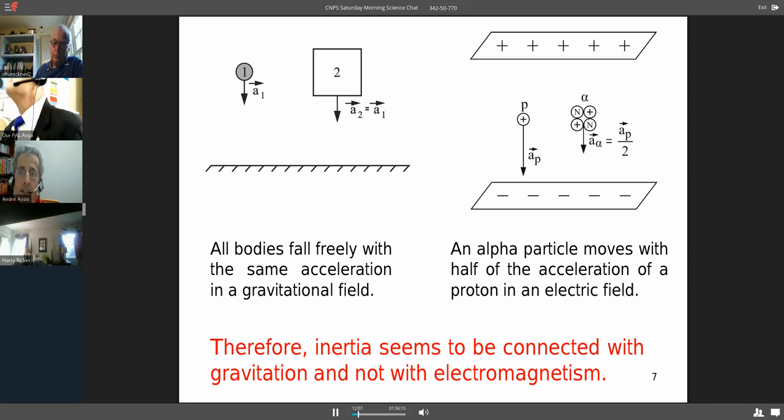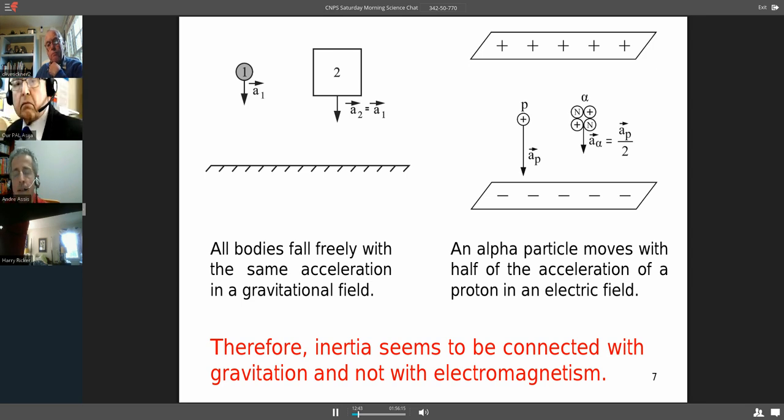But they move with different accelerations. Why? Because the alpha has twice the charge of the proton, but four times its mass, because it also has 2 neutrons. So the acceleration of the alpha particle is half as large as the acceleration of the proton. So these two examples show that inertia is connected to gravitation, but not with electromagnetism.